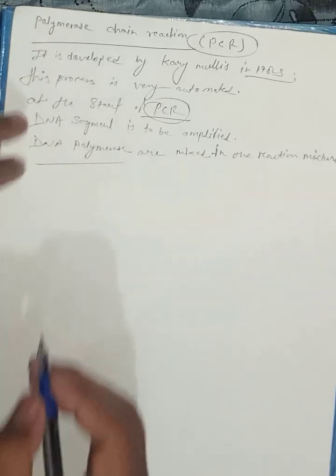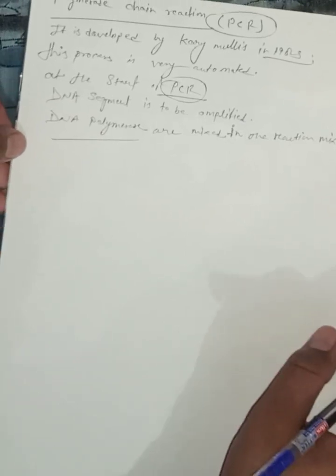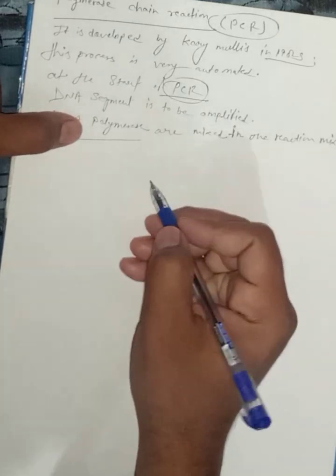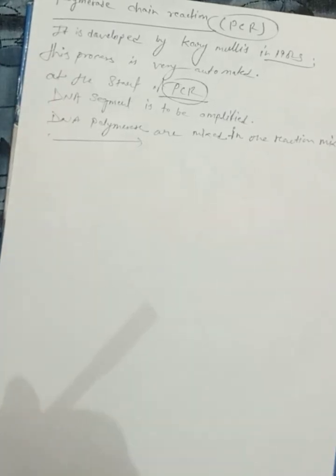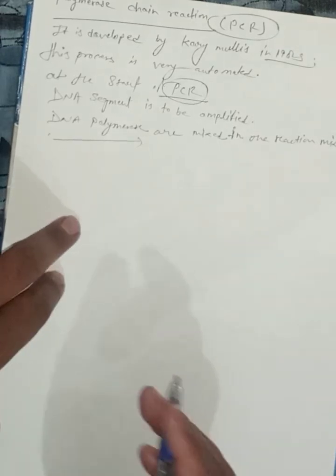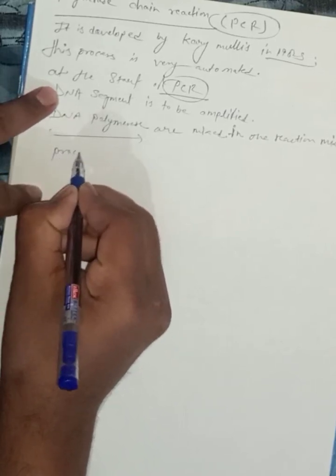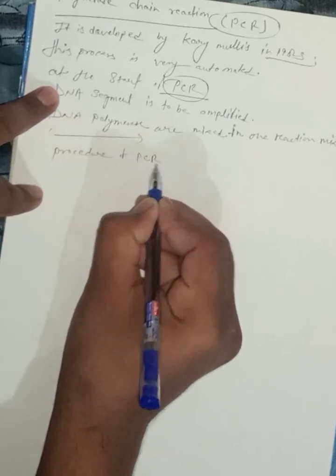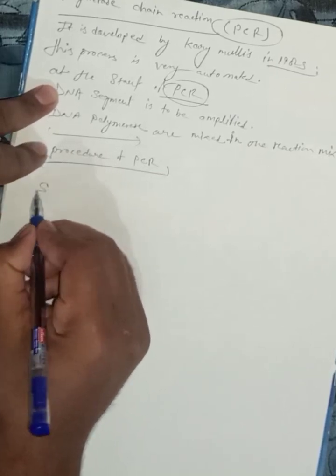I will draw a schematic diagram representing the three steps performed during PCR. So in this procedure of PCR, we have a simple DNA.